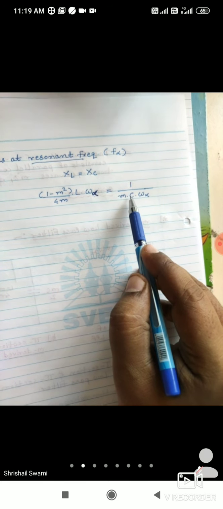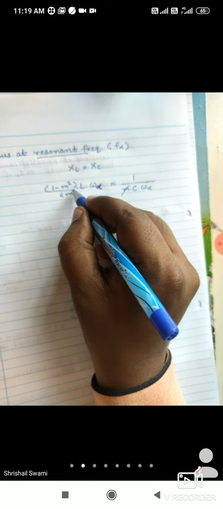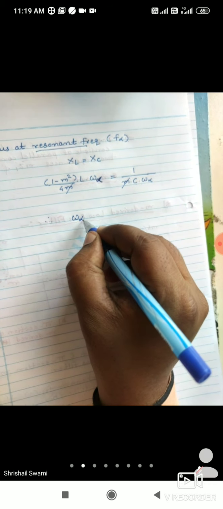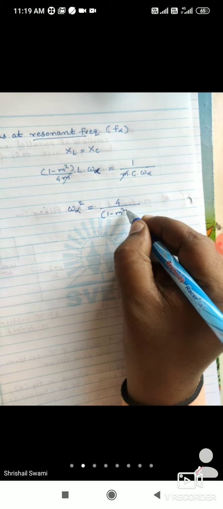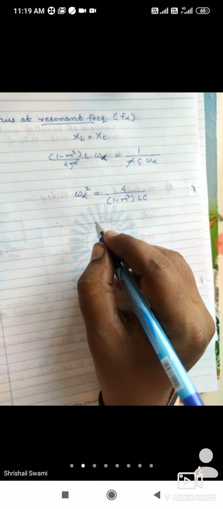As it is, you can take the component into omega alpha. So this m you can cancel. Omega alpha you can take to one side, that becomes omega alpha square. Omega alpha is already here, you can take this also to the left hand side. So it is equal to 4, which goes to the right hand side, 4 divided by (1 minus m square) into C already there, L will come here, into L into C. Okay, so take the square root on both sides.